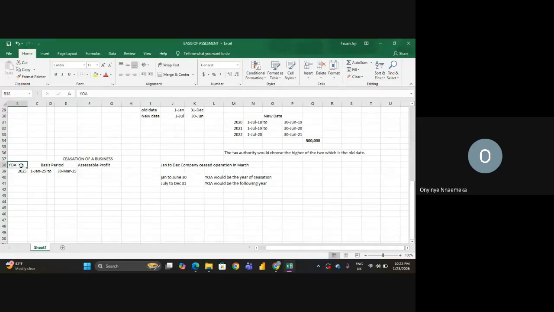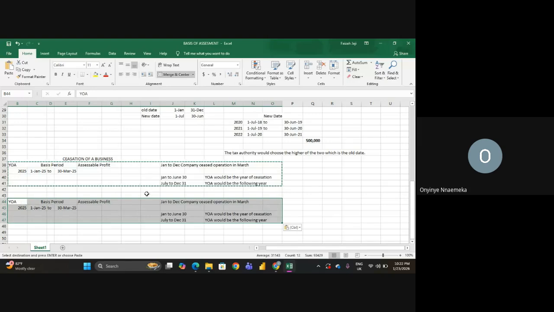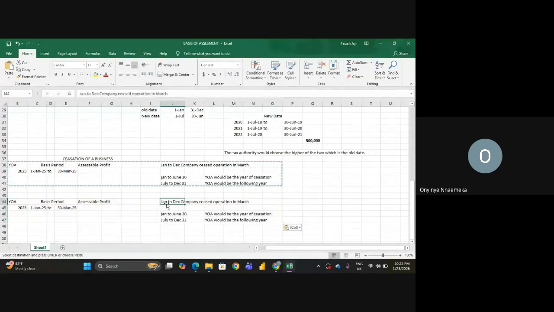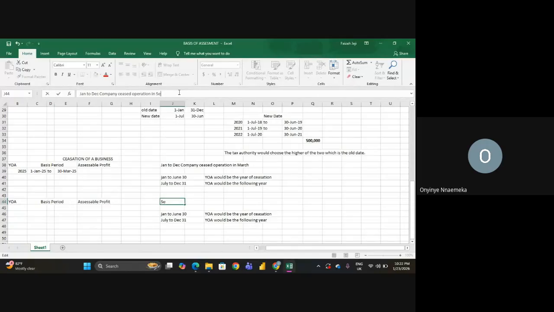Let me copy this and paste. But we want to change the question. We are saying that a January to December company ceases not in March, but in September.